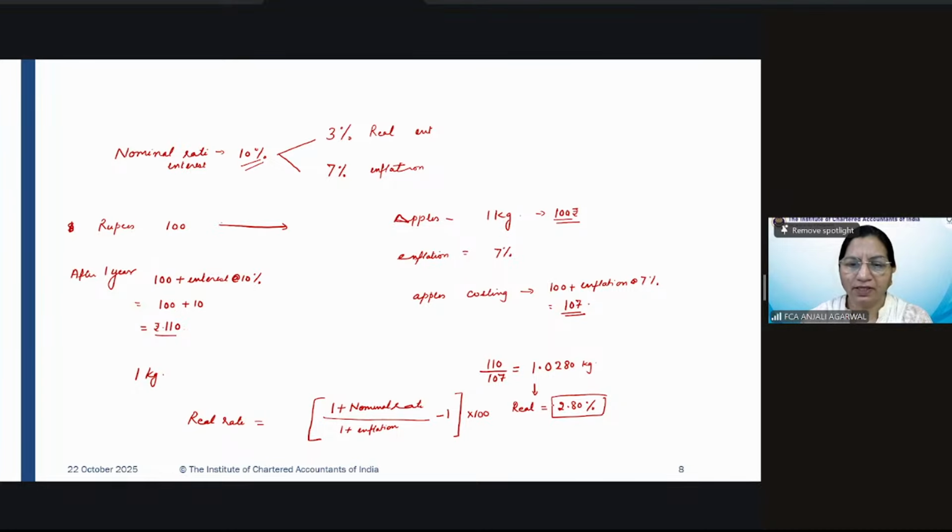The third one is the Fisher effect, which says that the nominal rate of interest will automatically cover both the real interest rate differentials as well as the inflation or the purchasing power of the two countries.